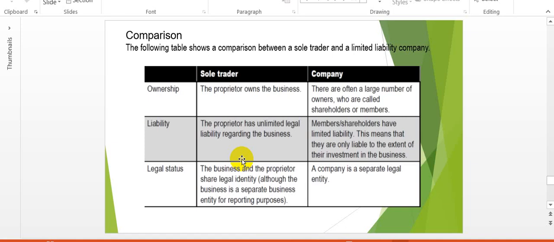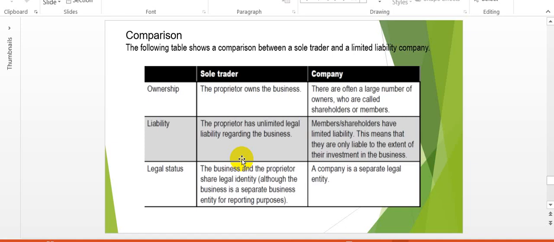The second difference is to do with liability. A sole trader has unlimited legal liability regarding their business, meaning that if the business defaults, even their personal assets could be grabbed by the creditors.